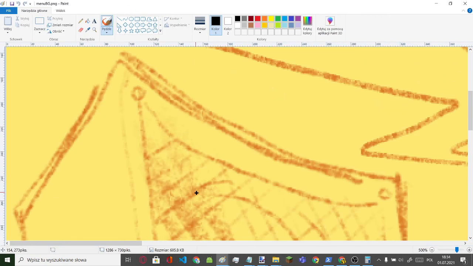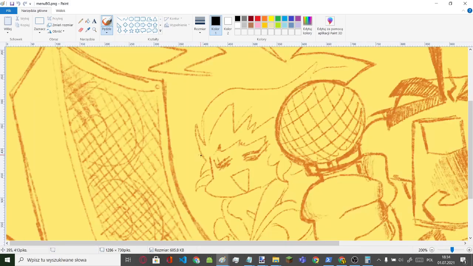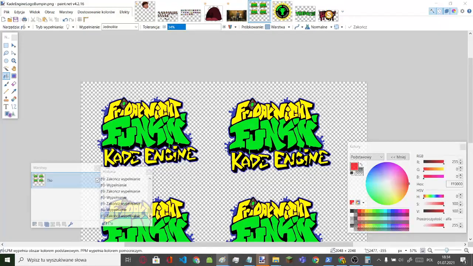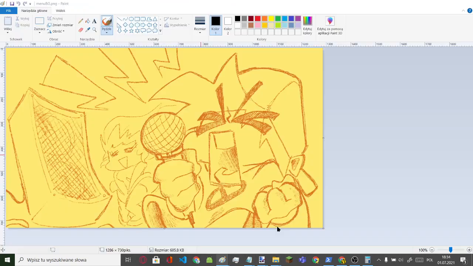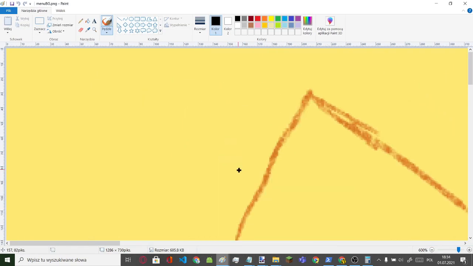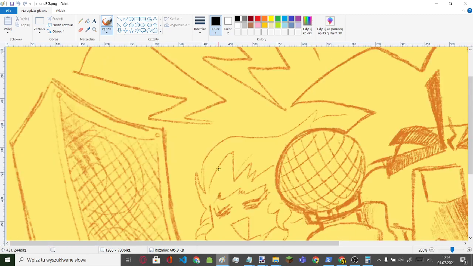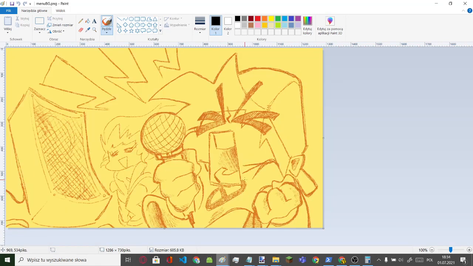And let's see. Like this is surely made by like normal. Looks like it is made by a pencil. So it will be kinda hard to like edit it.